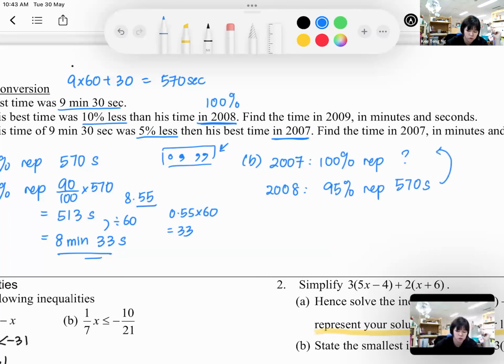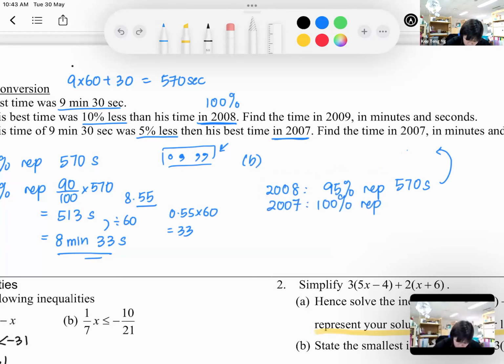So how do I work backwards to get this answer? I think, okay, wait, I should rewrite it below. Let me shift this down. Okay, so how do I get this answer over here?